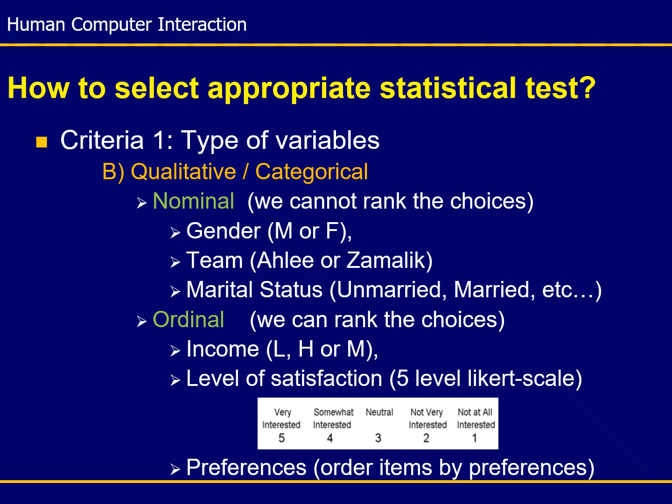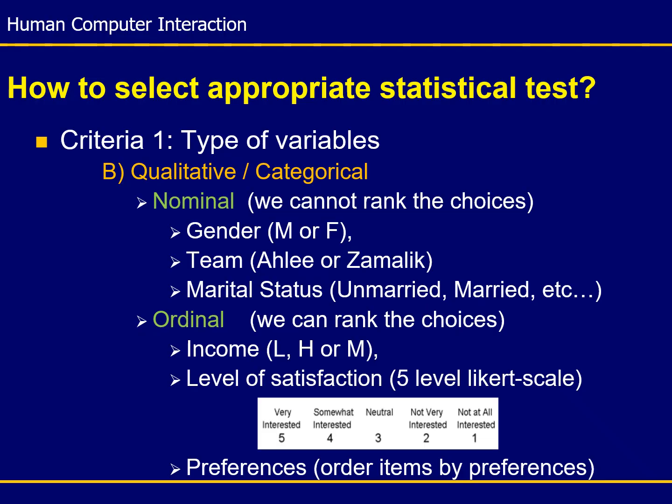The second type of variable is called qualitative or categorical, and in this case we do not have a continuous scale. Qualitative or categorical variables come in two types. Either ordinal, which means the values could be ordered. So, for example, low income, medium income, high income. There is an order there. Or for example, level of satisfaction, from very interested to not interested at all.